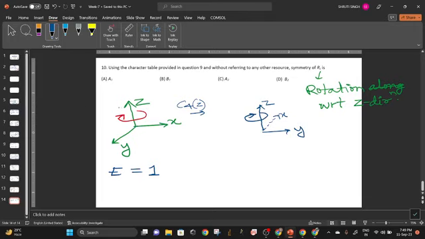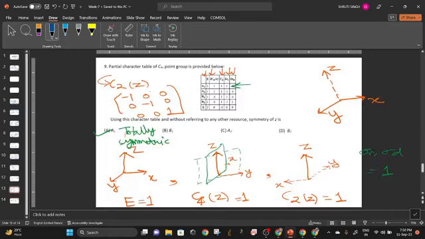For this circular rotation, it does not matter if you change it by 90 degrees, 180 degrees or so. A rotation along the z axis will not change. You understood? It was clockwise before the operation, and after the operation also it is clockwise. So the character under this is also 1. Next is C2.